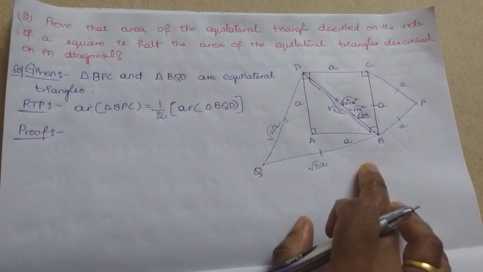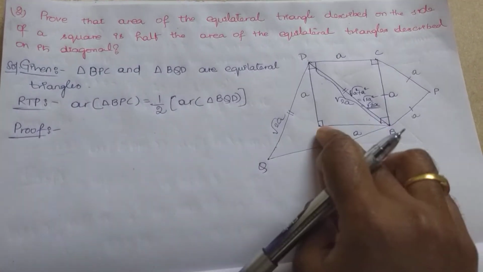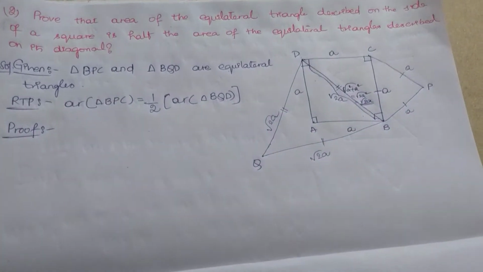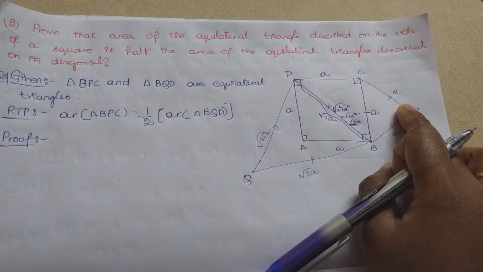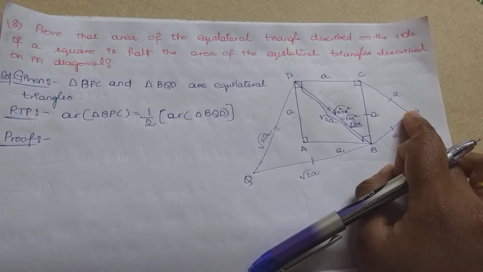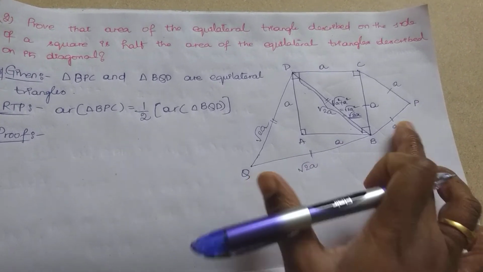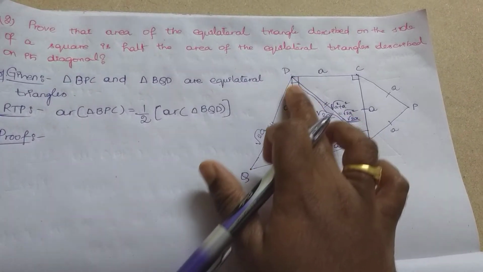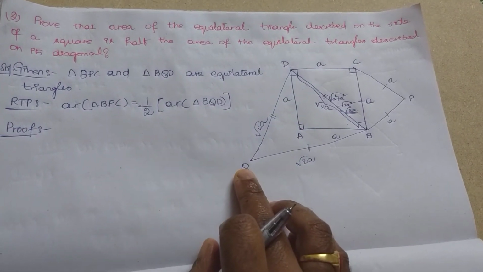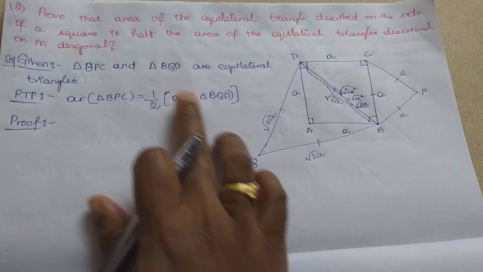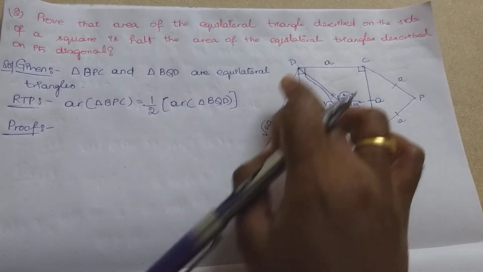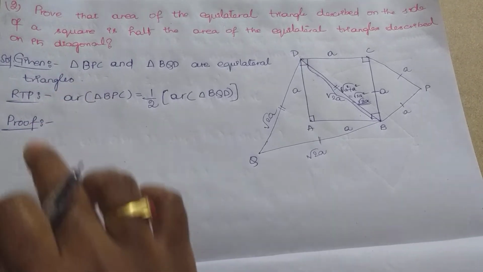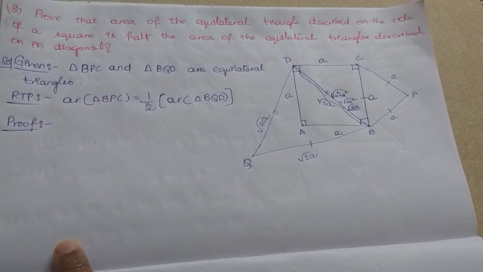See here, I have taken the vertices as A, B, C, D of a square. For the equilateral triangle on the right side, I have plotted the third vertex as P, and the third vertex of the triangle formed on the diagonal as Q. They have given that triangle BPC and triangle BQD are equilateral triangles. What needs to be proved?